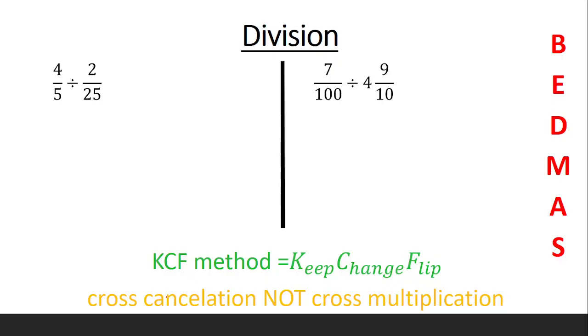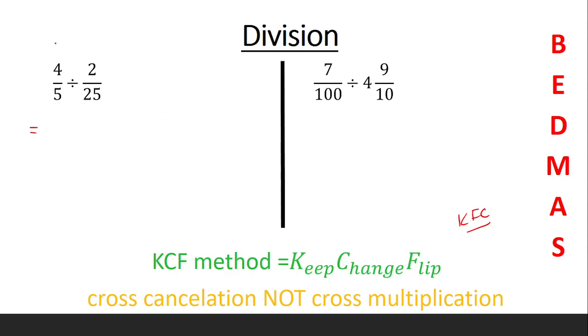Okay, all done. Next one, let's look at division. So again, I've got this cross cancellation, not cross multiplication, because remember, with division, we're going to actually change it into multiplication. We're going to use the KCF method, so the keep, change, flip method. My kids like to remember KCF as KFC, but I mean, it is what it is, however you want to remember it. But it's actually keep, change, flip.